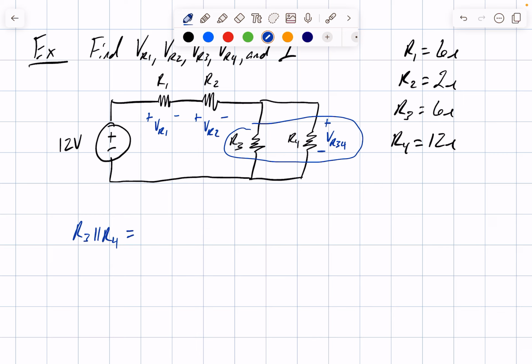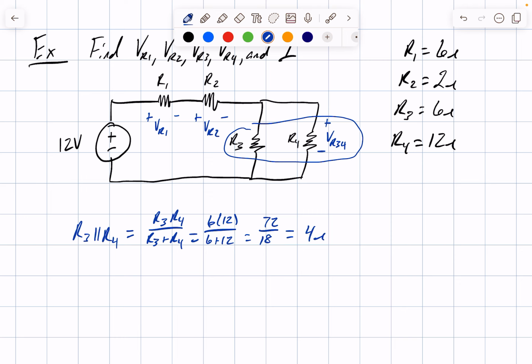The parallel equation for resistors is simply R3 times R4 over R3 plus R4, which is equal to 6 times 12 over 6 plus 12. If we do some math, that means we have 72 on top and 18 on bottom, which should give us 4 ohms.